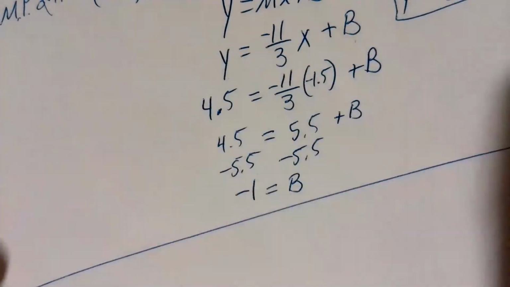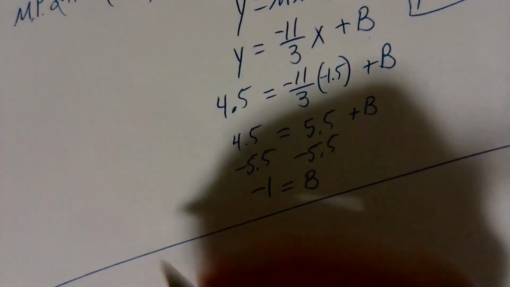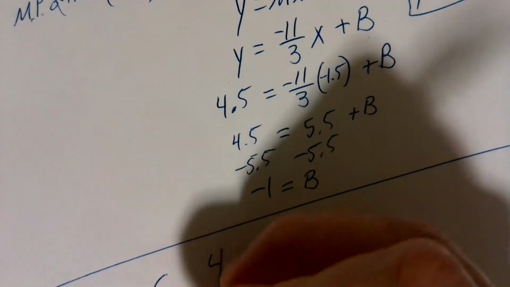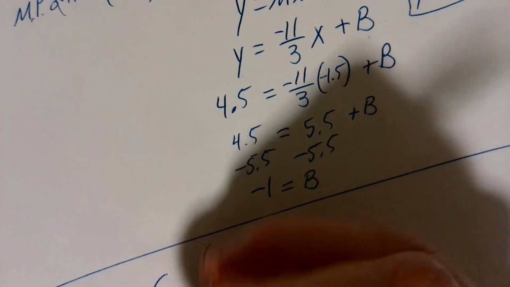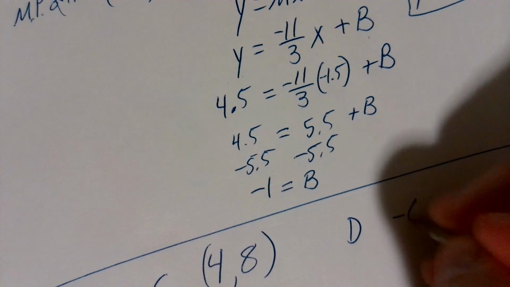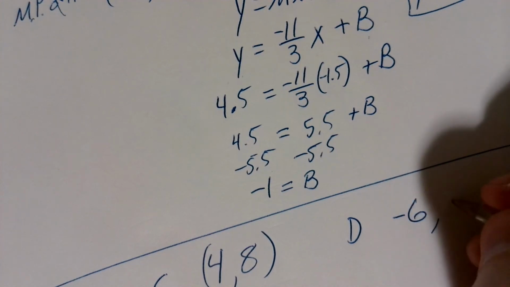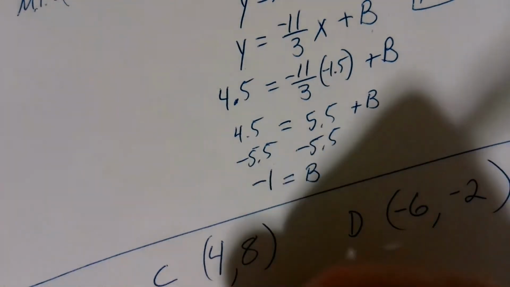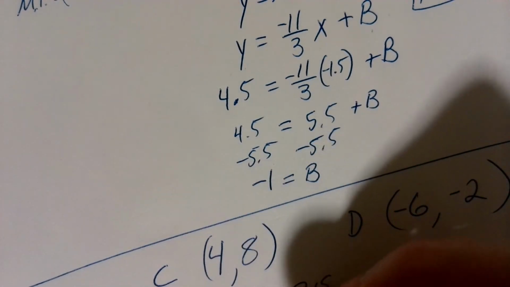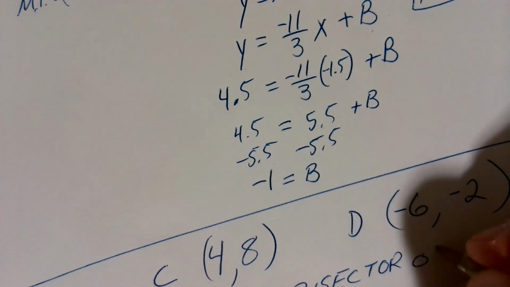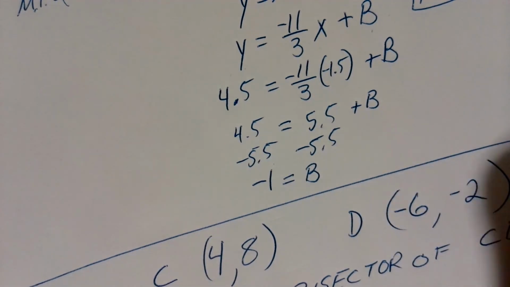So this is what I would like you to try. We're going to do point C, (4, 8), and D, (negative 6, negative 2). I want you to find the perpendicular bisector of segment CD.